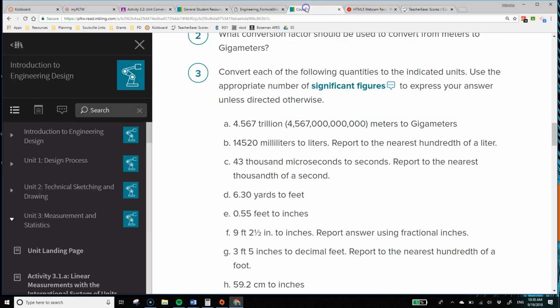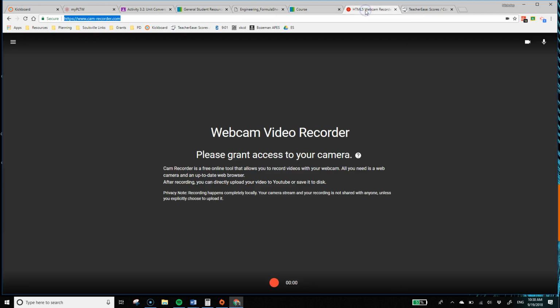All right, for step C, it asked me to convert 43,000 microseconds to seconds, and then give it to the nearest thousandths of a second. So write this out.